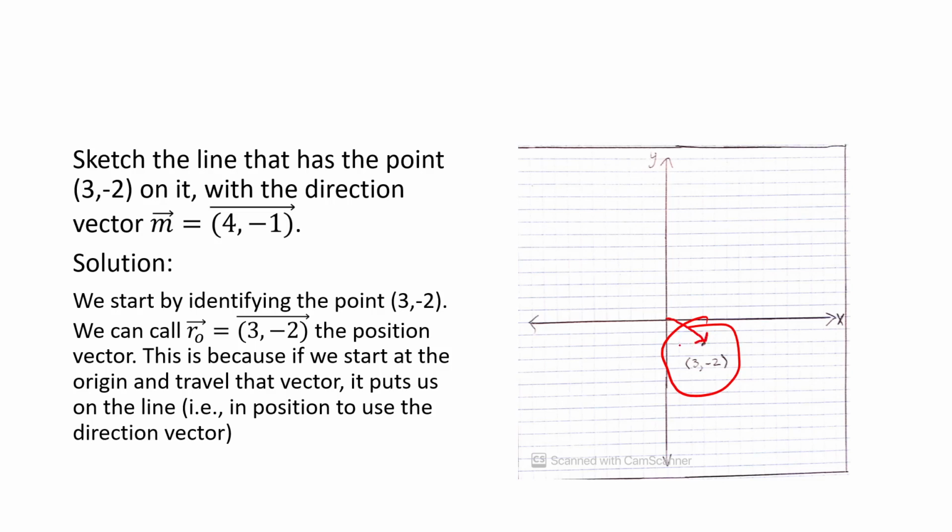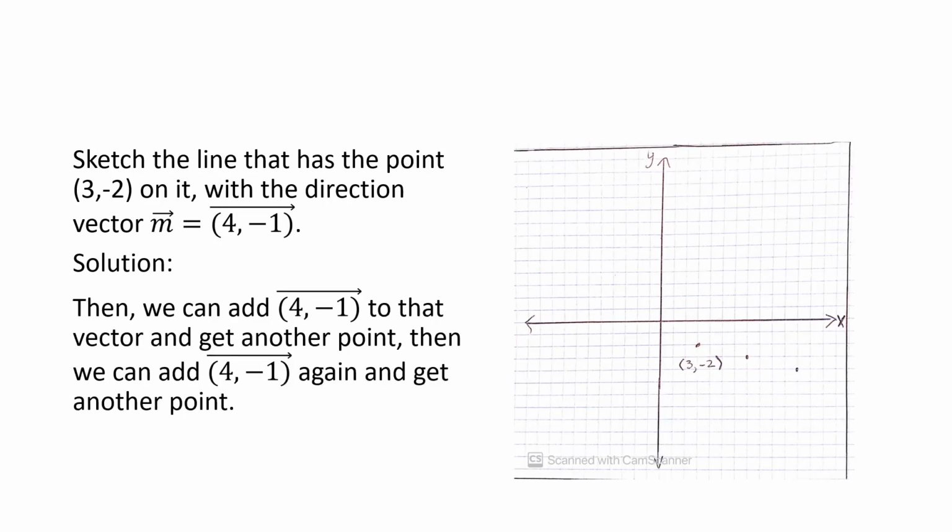And that puts us in the position on the line. It literally gives us a position on the line. So if we start at the origin and travel that vector, it puts us on the line, i.e. in a position to then use the direction vector.